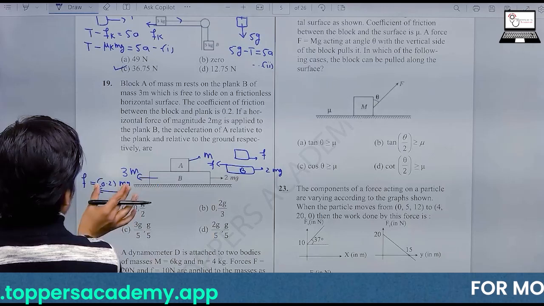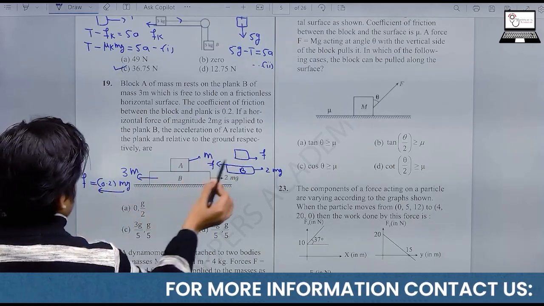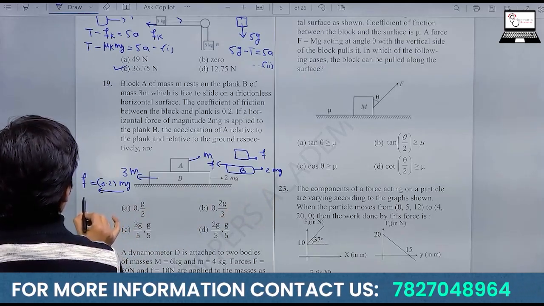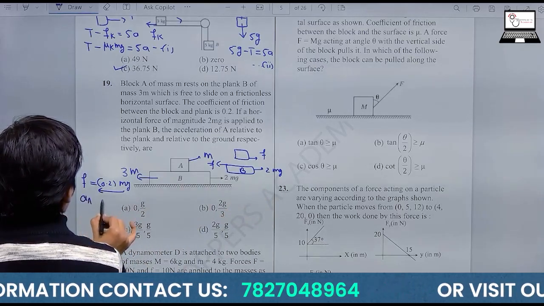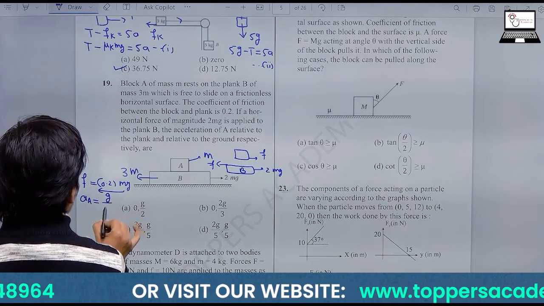Because of this frictional force, A can have a maximum acceleration so that they can move together, which is g by 5.